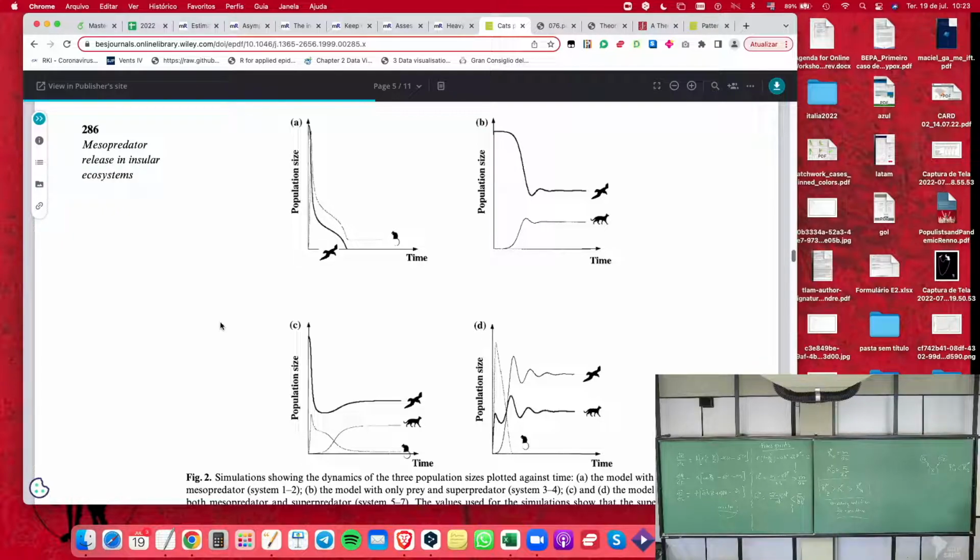So, okay, I will share these papers on Slack, because they are easy to read. There's the paper about intraguild predation, the theoretical paper, then the experimental paper, and then our paper, which uses the theory and tries to explain the experiment.